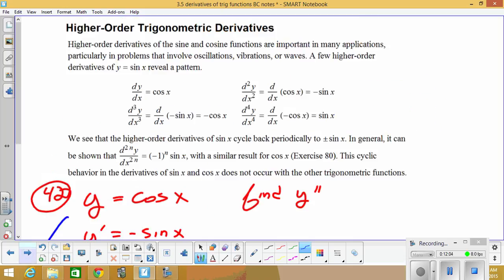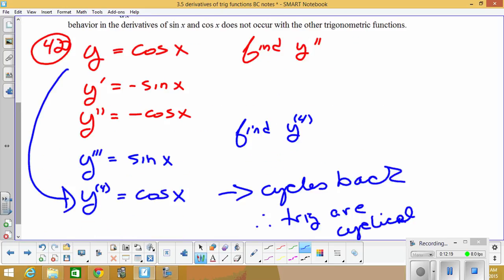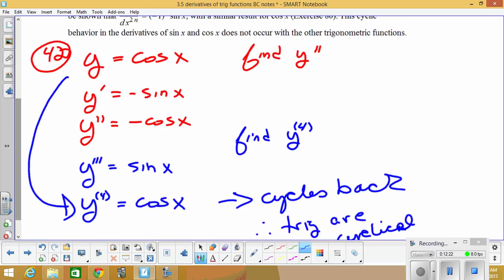Last thing we have to talk about is higher order trig derivatives. And we can see that no matter how many times you want to take the derivative, we just keep applying the process that we've been doing. So for the homework example, I have number 42, y equals cosine x.